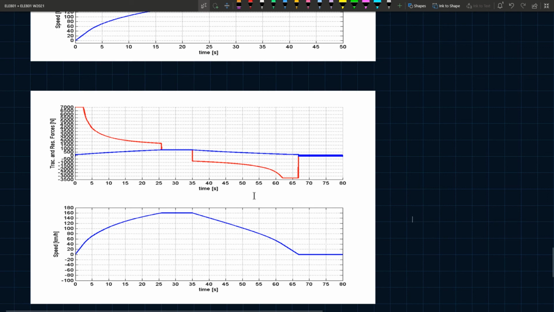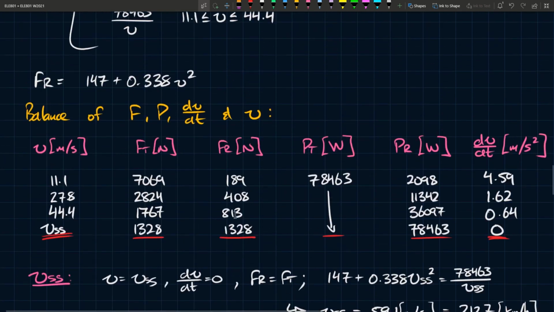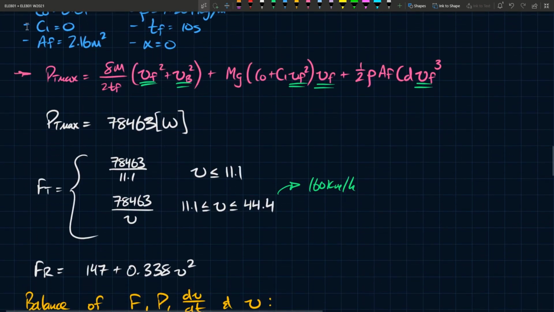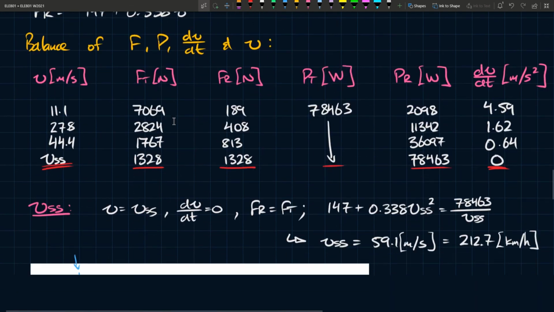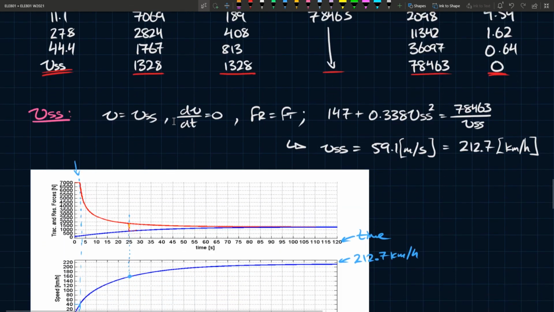So one thing to understand is that if we change the upper limit of the speed, the upper limit of the speed was 160, but the maximum PT, so let's go back to the top for a second. This equation assumes that the steady state speed carries on and continues.